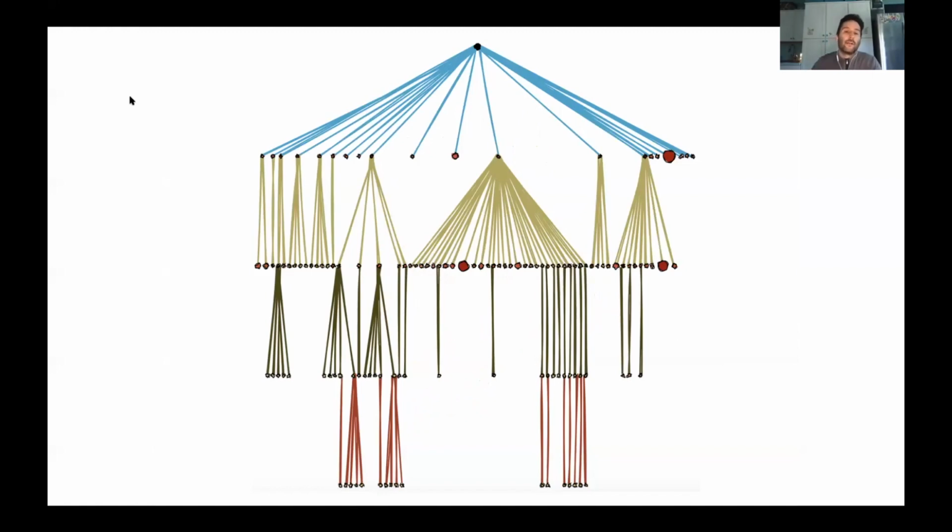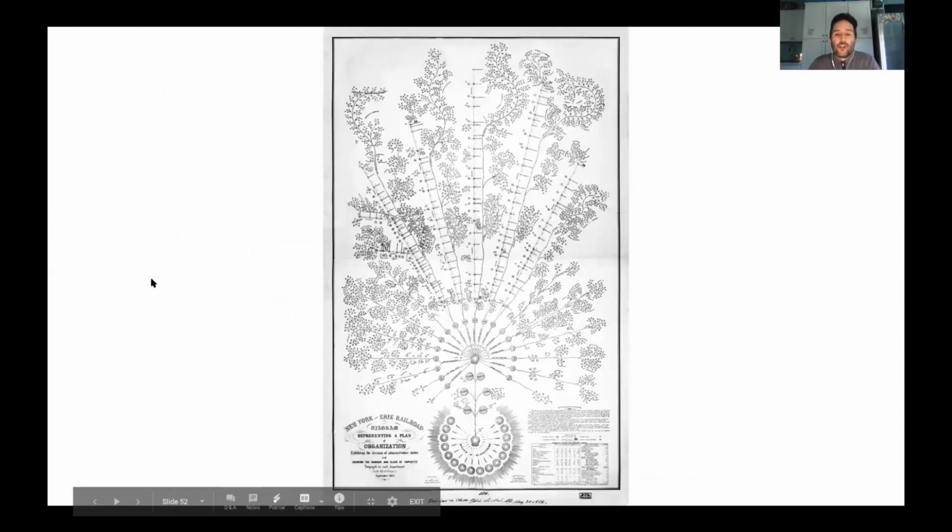Another kind of diagram is a hierarchical diagram, which is something like this. And you can see that it has much more of a specific kind of structure. What do you think we would use these hierarchical diagrams for? So that's exactly what hierarchies are used for. They're used for things like organization charts for companies.